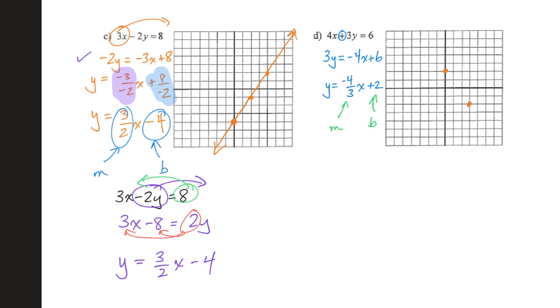Or we maybe had it backwards and we said that I have a run of -3 and therefore a rise of +4. Any way you want to come in on that, you're good. Okay, now we can go through, connect those points, extend your graph the width of the grid, arrows on the end, and we are good.